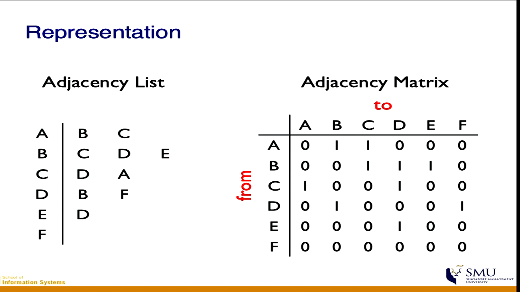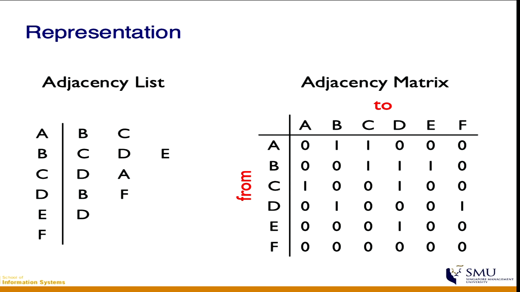It just so happens that we put them as A, B, C, D, E. But in practice, when you store the graph in a computer, the vertices are not necessarily ordered in any particular way. You could have it like C, B, A, F, A, for example. The ordering depends on the way that you are implementing it. Any other order is still valid as long as all the connectivities in terms of the edges and the vertices are still maintained.